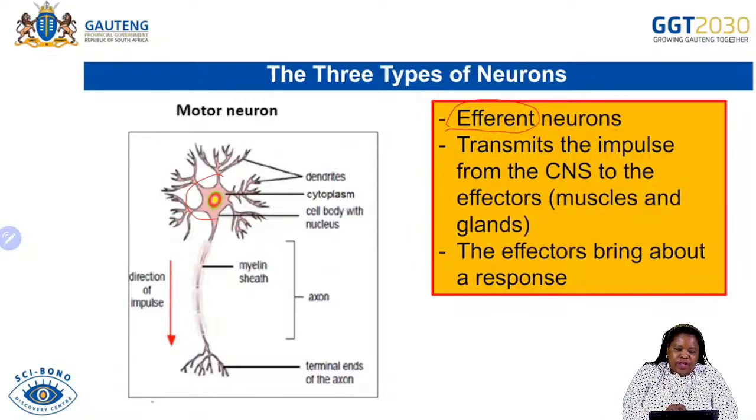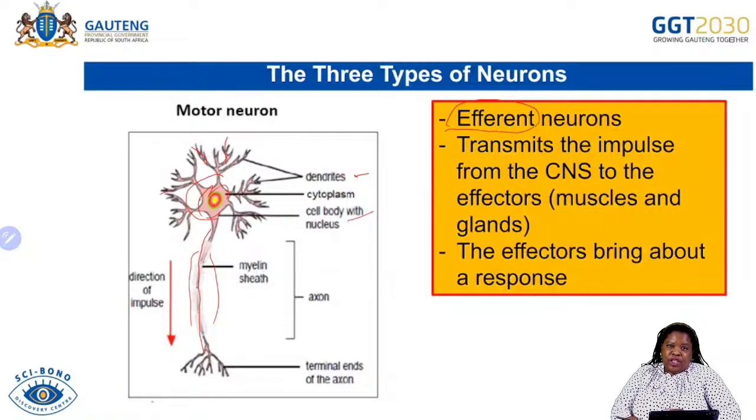Okay? So it is important, grade 12 learners, to know all parts of the neuron. So we spoke about the dendrites. These are the dendrites. We spoke about the cell body. The cell body has got a nucleus within, and we also have the cytoplasm. All right? Then we have the axon, which will be wrapped around by what?